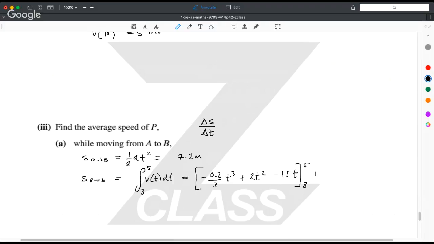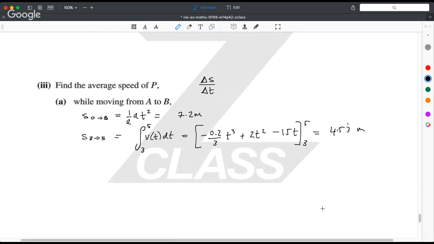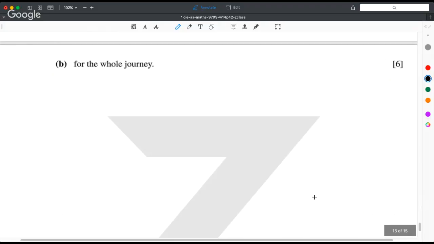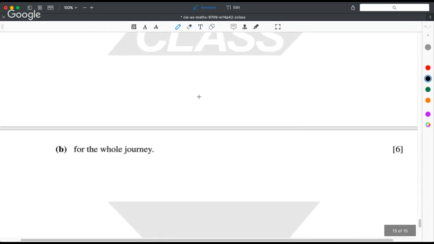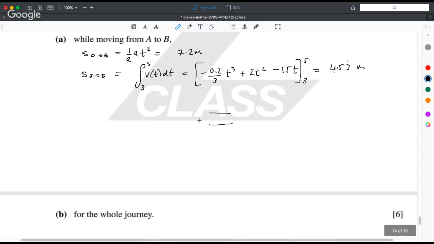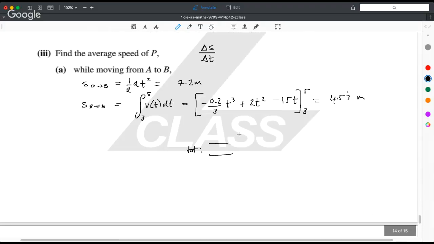If you plug this all in, you get 4.53 recurring meters. Then you add those two up to some total, and you get that the V average, which is this total divided by 5 seconds, gives you 2.35 meters per second.